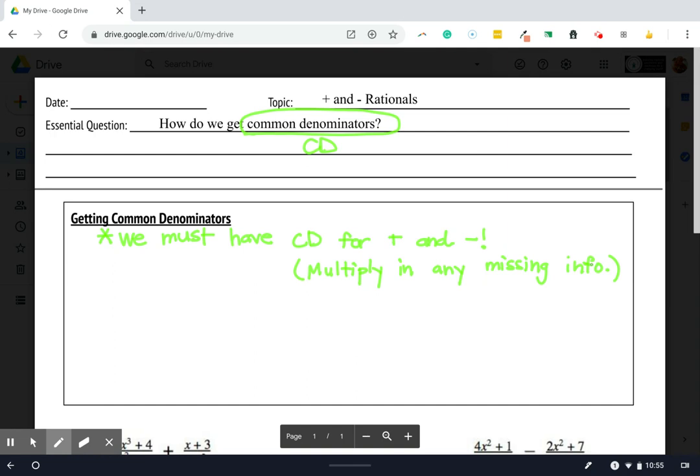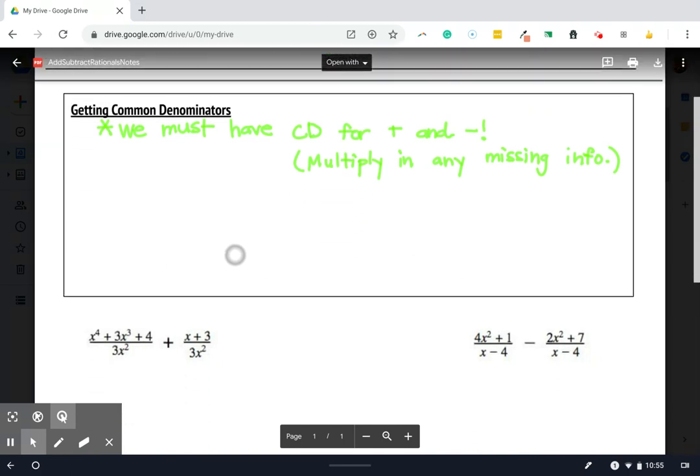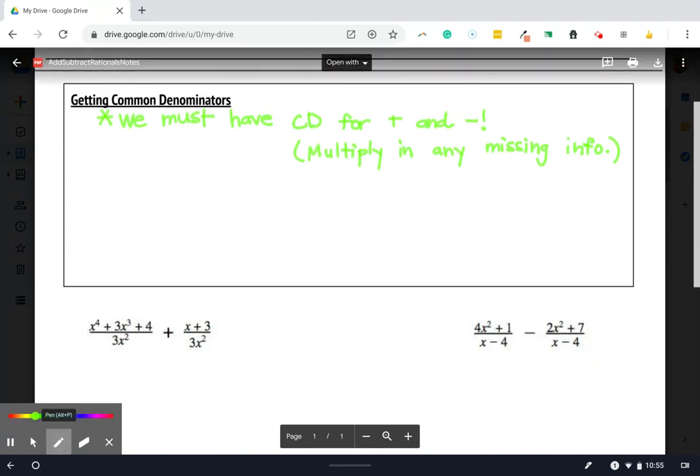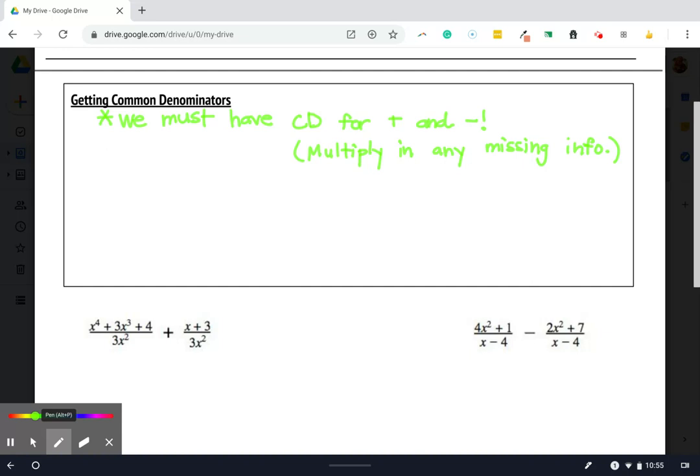Once we have common denominators, let's get rid of that epic line in the middle here. Once we have CDs, then we can just straight up add the numerators.